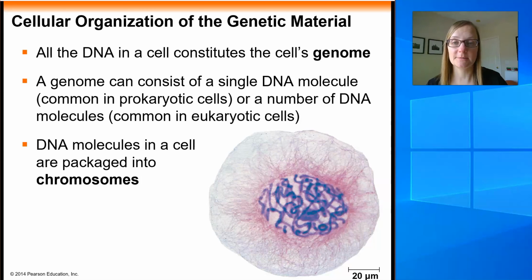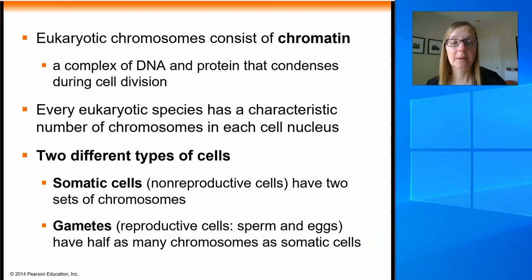Okay, now if we were to focus a little bit more on eukaryotes and their DNA, remember that eukaryotic chromosomes are linear and they're really, really long. And so the cell needs to organize them. The way that the cell organizes them, it uses proteins. These proteins are called histones, and the cell will take multiple histones and make a spool out of them.